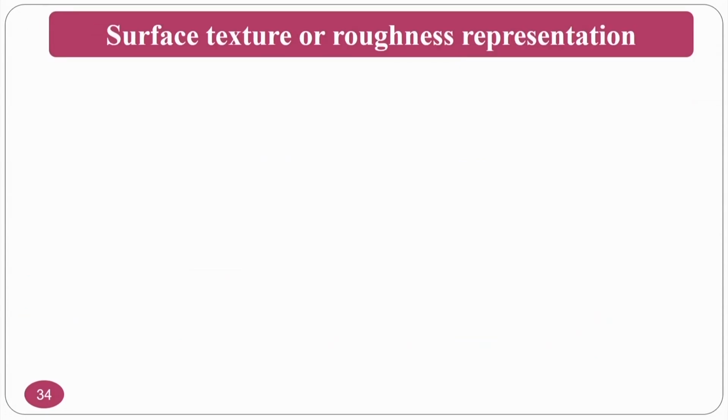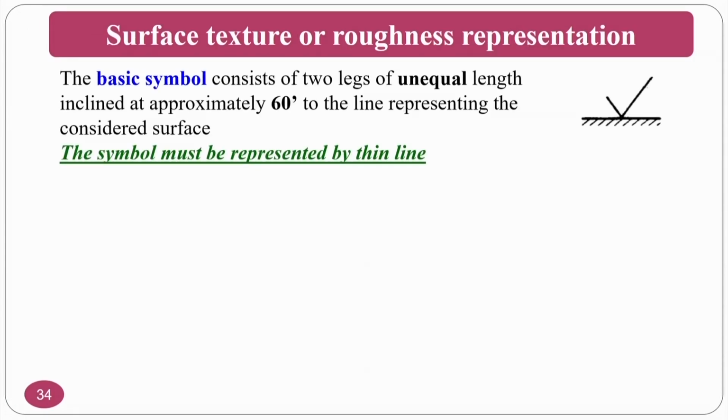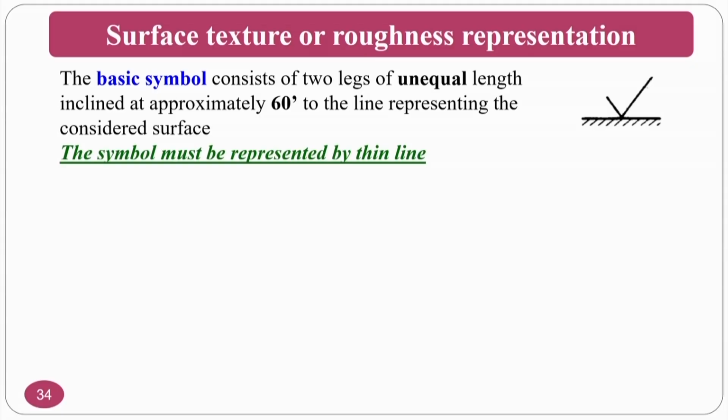For the surface texture or roughness representation, there are normally symbols to represent the surface roughness. The basic symbol consists of two legs of unequal length, indicated approximately at 60 degrees to a line representing the surface. The symbol must be represented by a thin line, while this is a thick line that is represented here.